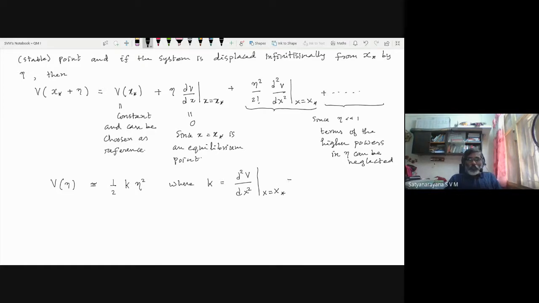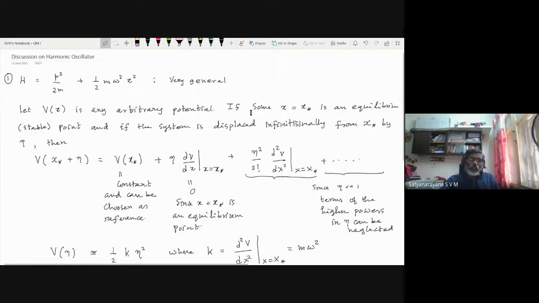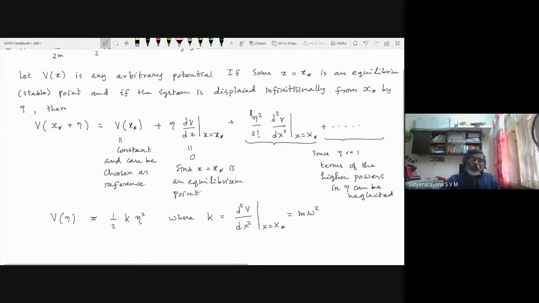So the frequency is related to the second derivative of the potential. We are not solving just one problem; this problem is relevant in any potential for which there is an equilibrium point. Harmonic oscillator is very general, so it can be used in every problem in that sense.